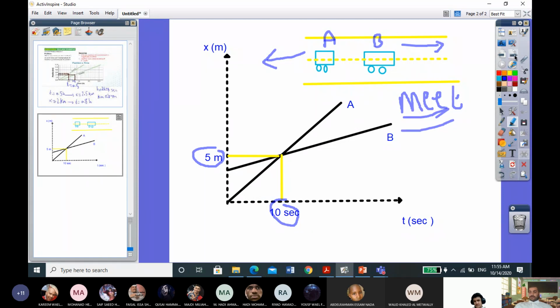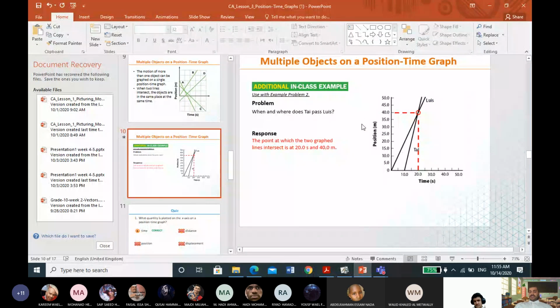You get it? Okay. So now, guys, here is another example, just like the example that I already gave you. Tia and Luis: where does Tia pass Luis?